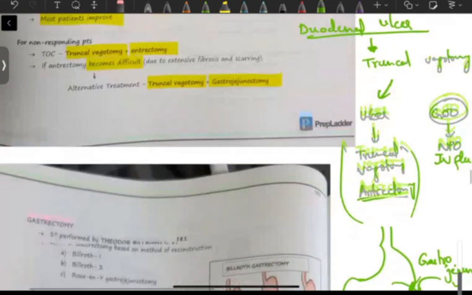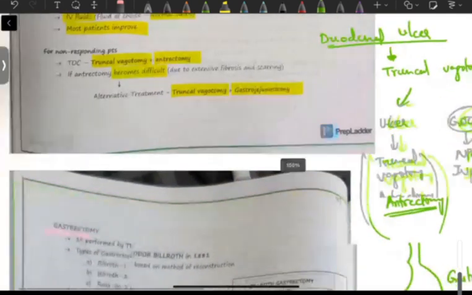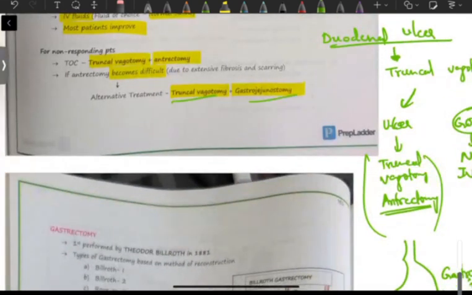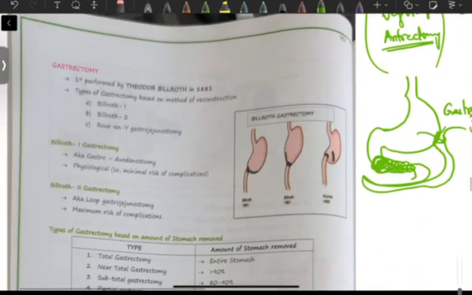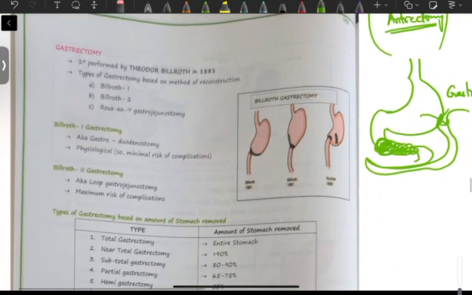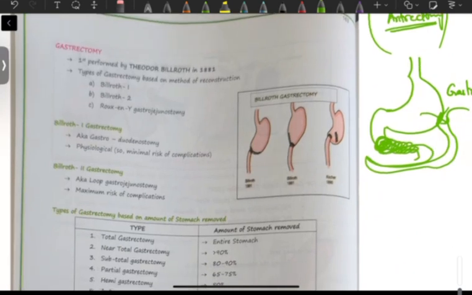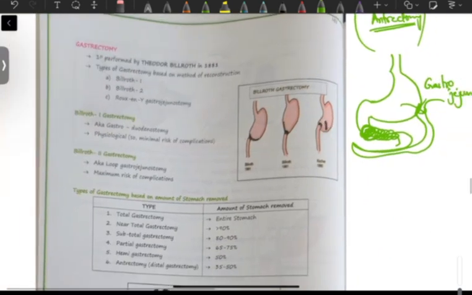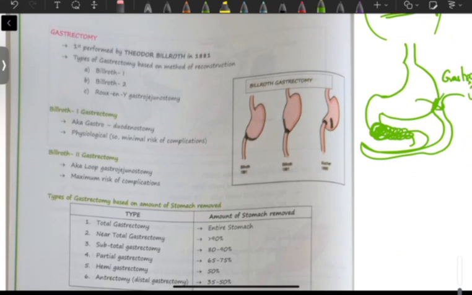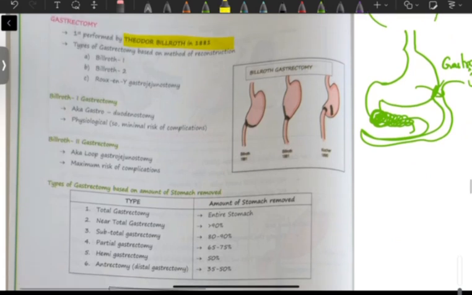Okay, so that was the treatment for non-responding patients, truncal vagotomy and gastrojejunostomy. There are other treatments in which we can go for gastrectomy, and there are two types mainly. It was first performed by Theodore Billroth in 1881. There are two types of gastrectomy, Billroth 1 and Billroth 2, and the third variety is Roux-en-Y gastrojejunostomy.